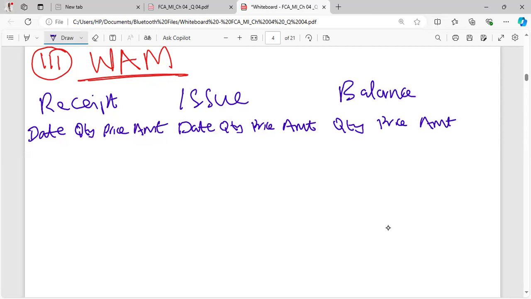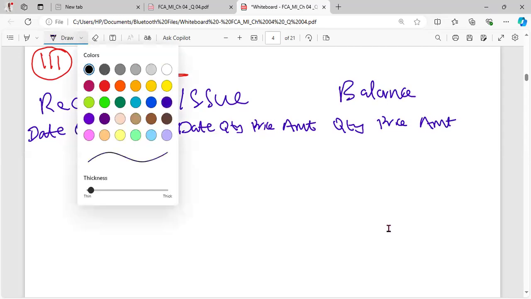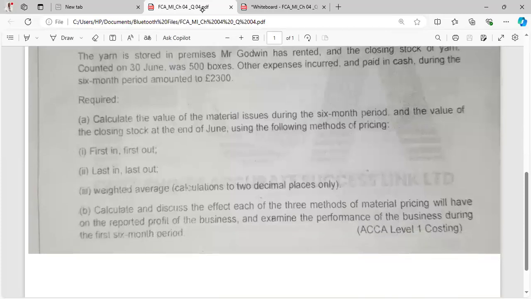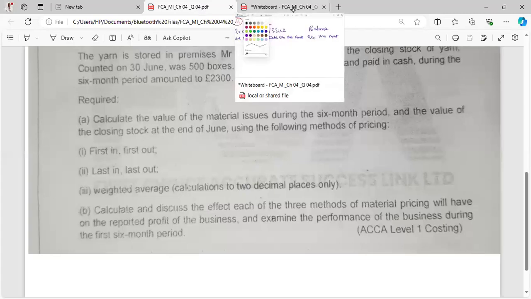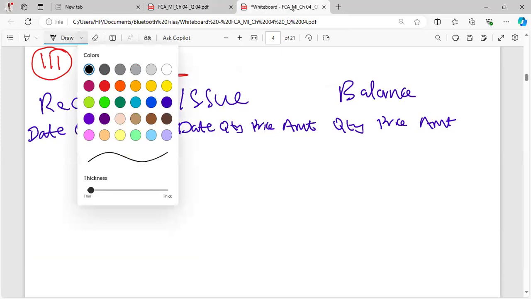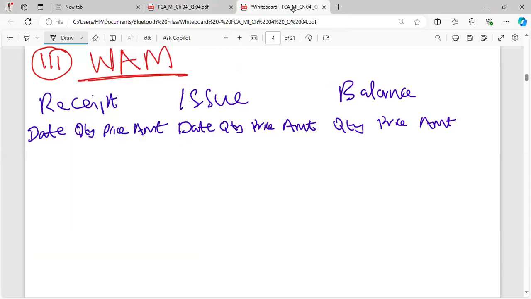And remember, we are told to use 2 decimal places. Remember the question? The question says calculations to 2 decimal places only. So we start again. This is going to be January 13.